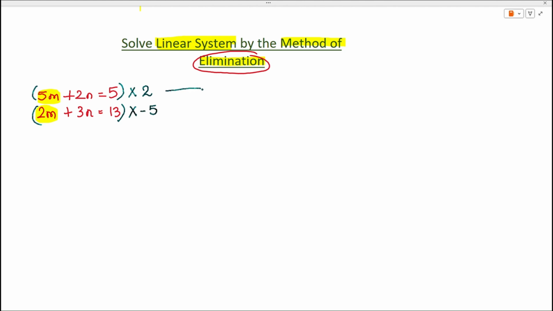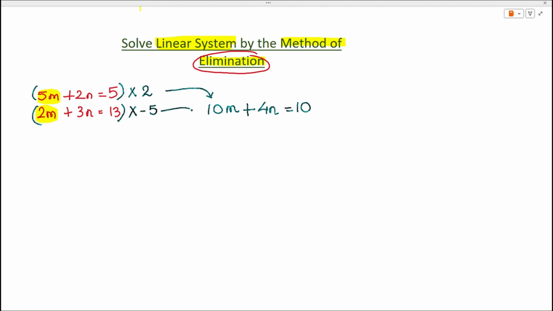So our first equation turns out to be, we're going to multiply each term by 2. So it is 5 times 2, 10m, plus 2 times 2, 4n, is equal to 5 times 2, which is again 10.